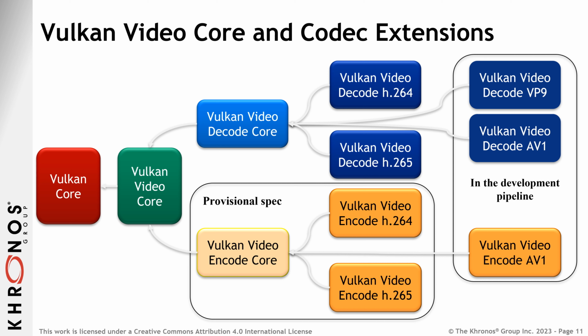Please note that as with any other Vulkan extensions, an implementation can support one or many of those extensions. So the application must actually check for support for both decode and encode, as well as the corresponding codecs, before trying to use those.